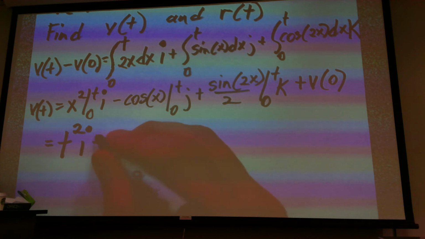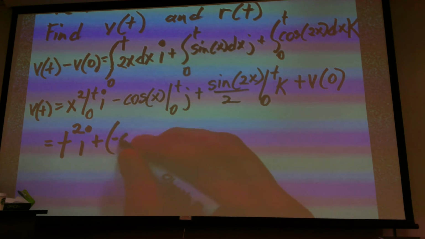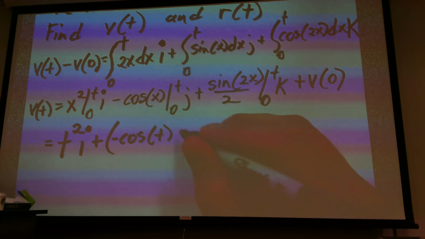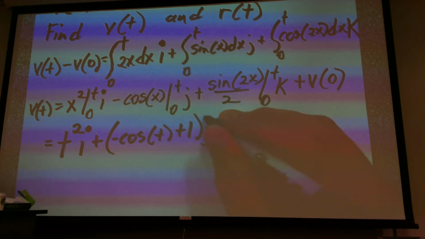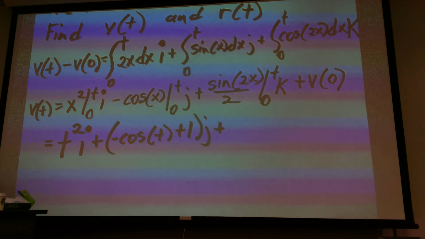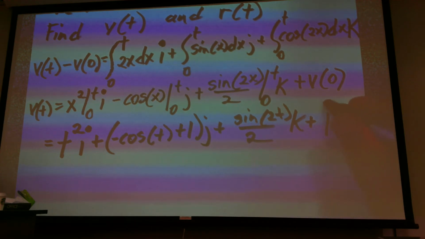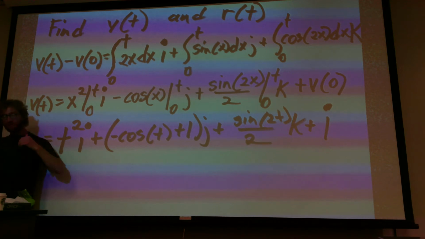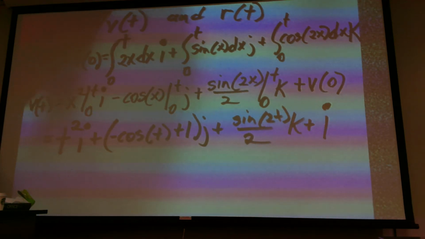Now plus negative cosine of t plus 1 multiplied by j, and then plus sine of 2t divided by 2 multiplied by k, and then plus i. This v of 0 was i. So since v of 0 was i, I can combine it with the first one.